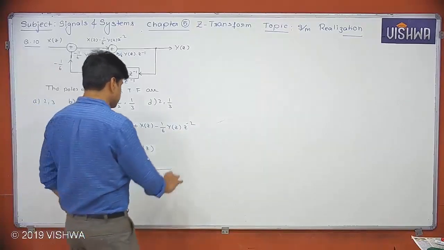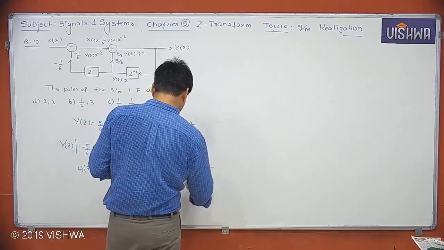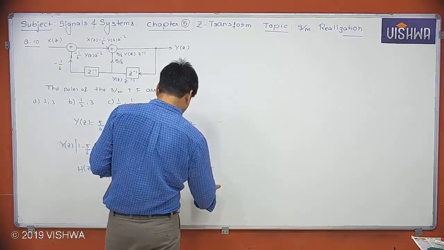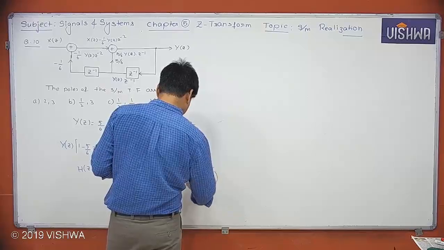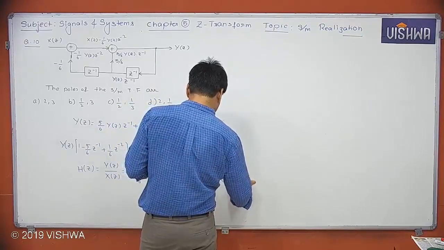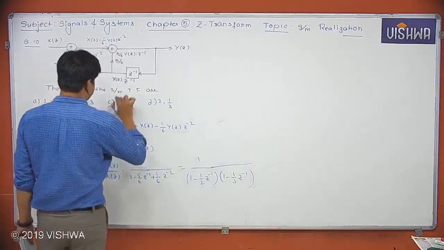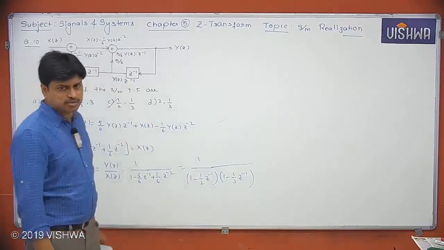If you factorize them, we are going to get 1 by 1 minus 1 by 2 z inverse times 1 minus 1 by 3 z inverse. This is the factorization. So what are the poles here? 1 by 2, 1 by 3. Clear? Take it.